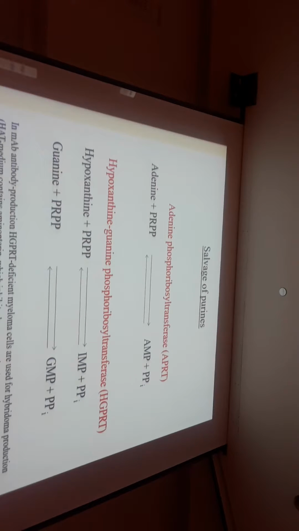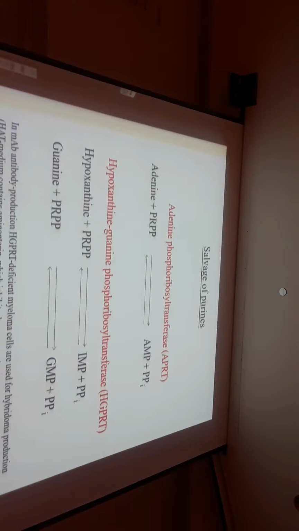Okay, so the lymphocytes, because they are mortal, will die off after a couple of days of cultivation anyway. The cancer cells, however, wouldn't die off unless you use cancer cells that are deficient in this enzyme, hypoxanthine guanine phosphoribosyltransferase.